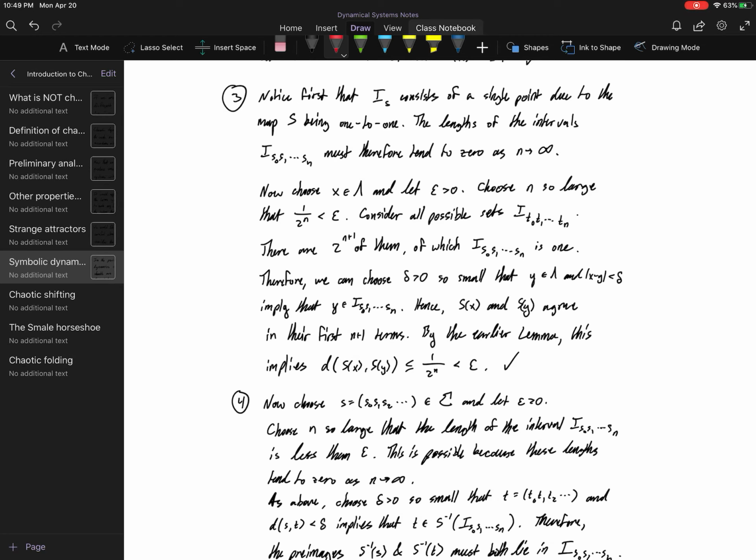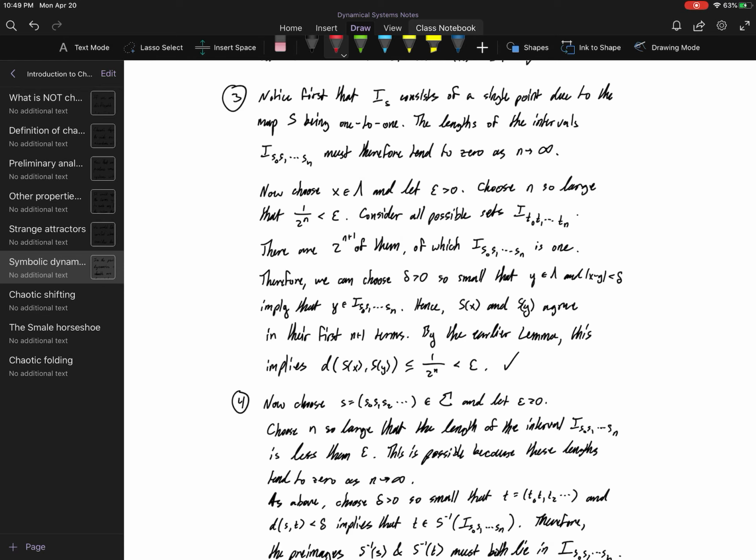If this guy maps to an itinerary, which we just showed it did, then it's the only thing that maps to that itinerary. So the lengths of these successively smaller nested intervals must tend to 0. They have to get small enough to the point where they only contribute a single point in the limiting object.